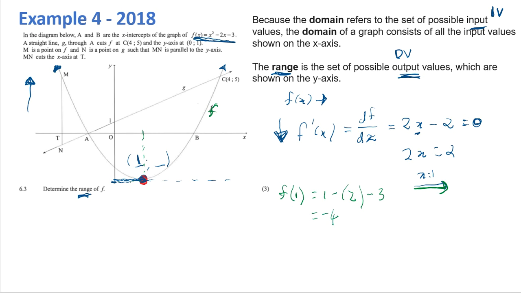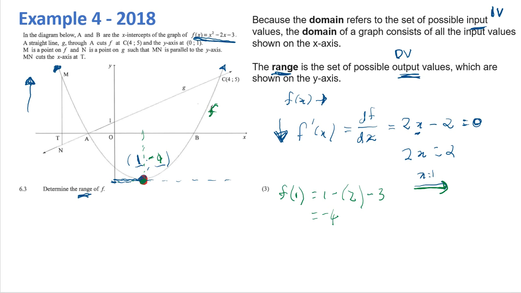Okay, so the y coordinate here is minus 4. Does that make sense? Double check that quickly. Well, this point lies in the positive x-plane and in the negative y-axis. So those values do make sense. Okay?